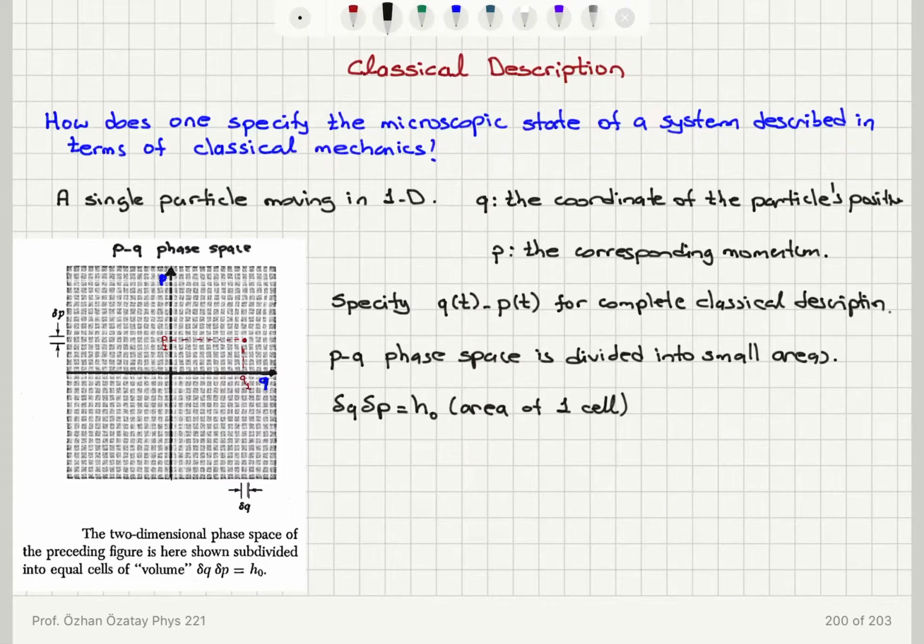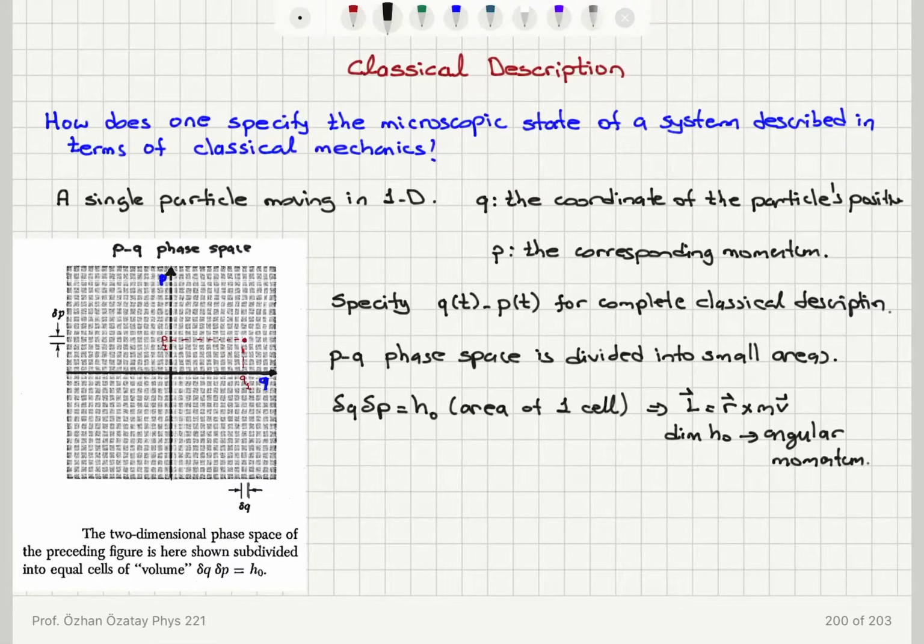And notice that dimensionally, if you remember, angular momentum is r cross mv. Dimension-wise, the dimension of the area h0 is angular momentum.